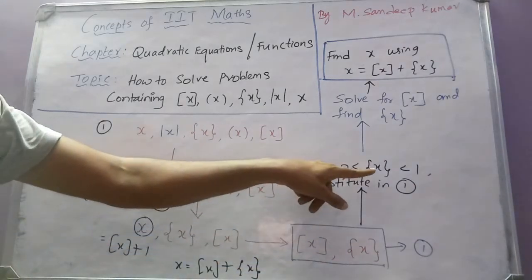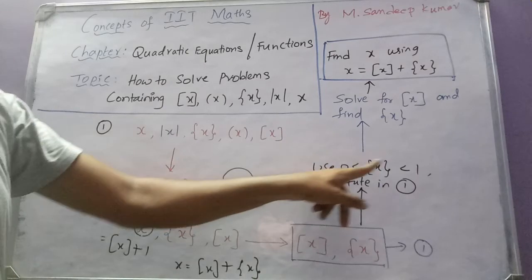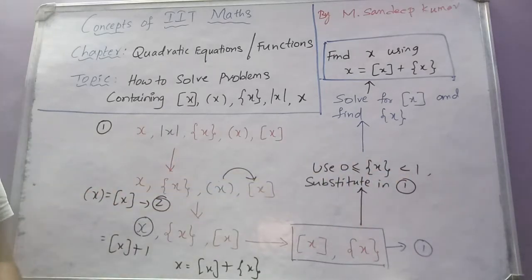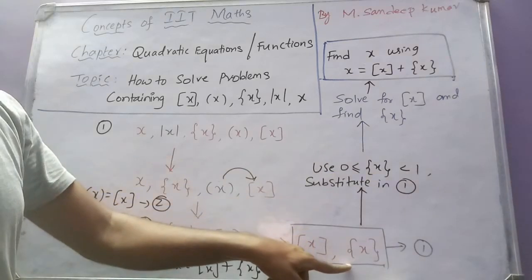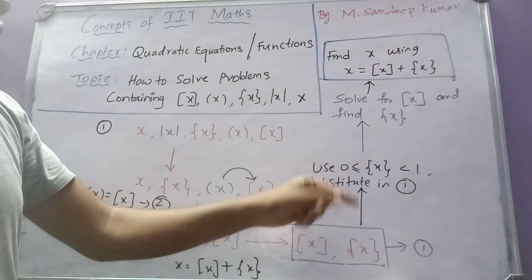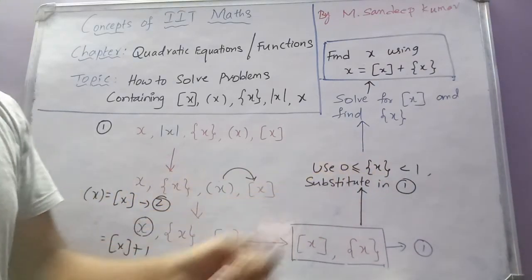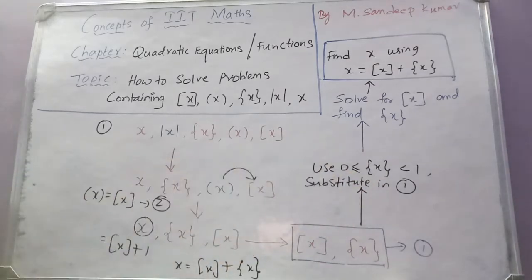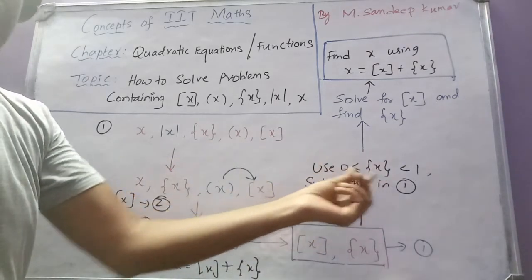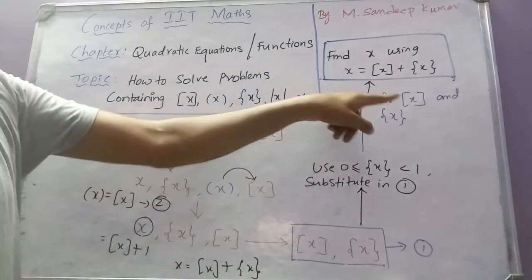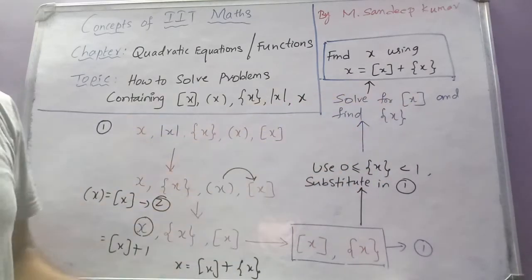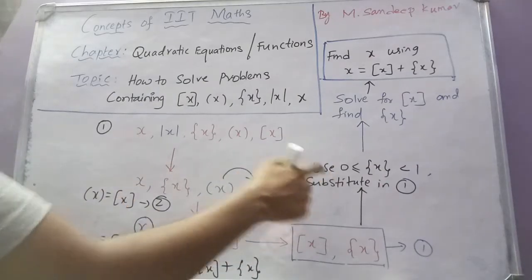Next you take this: fractional part of x is always between 0 and 1. So in place of fractional part of x, using equation 1, you write something in terms of floor of x. And if you solve it, you'll get the possible values of floor of x.